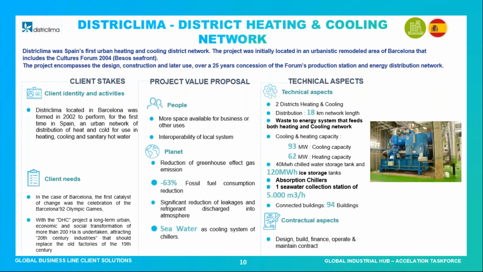And we are producing heat for the city. In addition, we are using seawater, depending on the temperature, to use the cold coming from the sea to feed the cooling network.